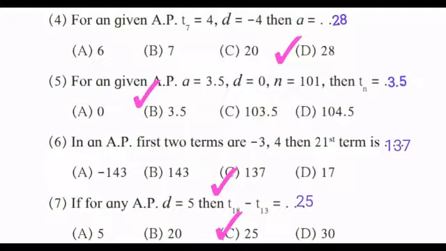Then 6, in an AP, first two terms are -3, 4, then 21st term is, answer is C, 137. Then 7, if for any AP D is equal to 5, then T11 minus T13 is equal to, answer is C, 25.